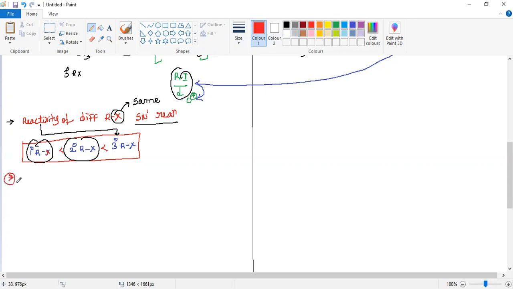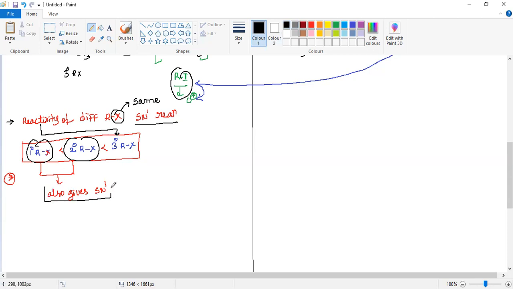In a few cases the primary as well as the secondary alkyl halide also gives SN1 reaction. When does it give that, beta?